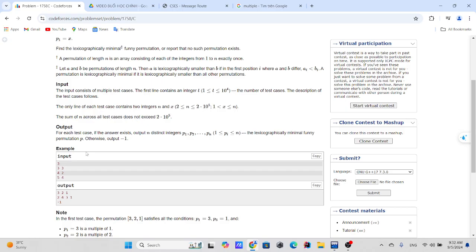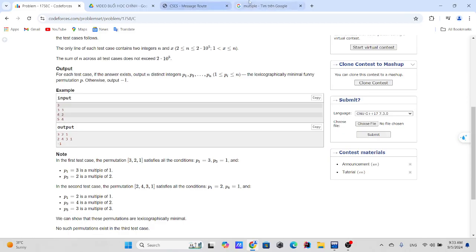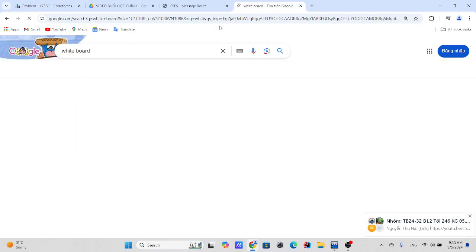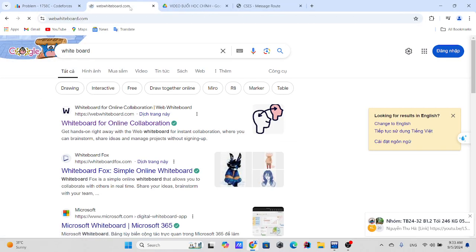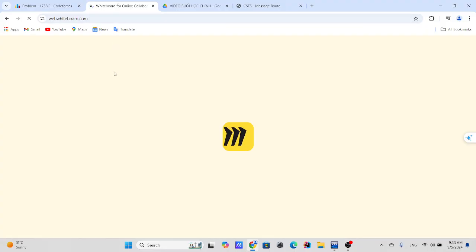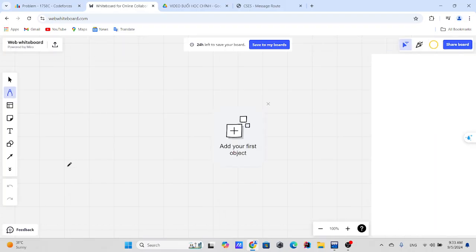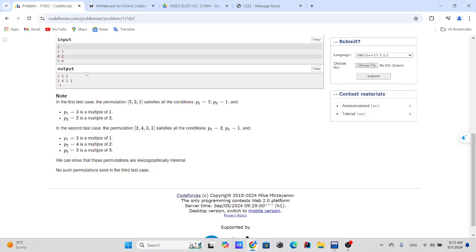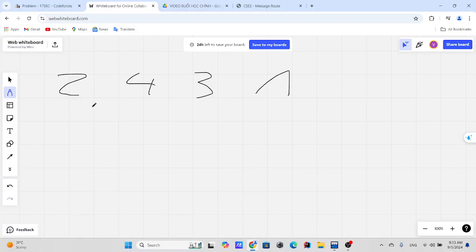The lexicographically minimal funny permutation. Let me open the whiteboard real quick. What is this about? This is kind of strange. 2431, right?